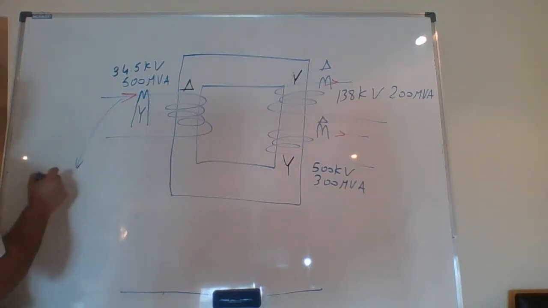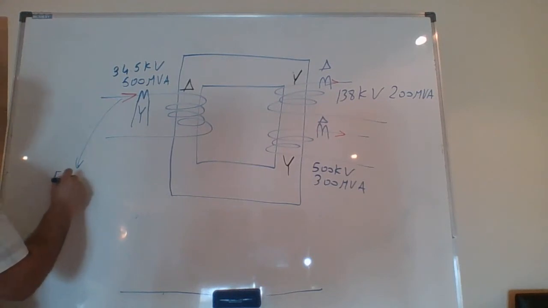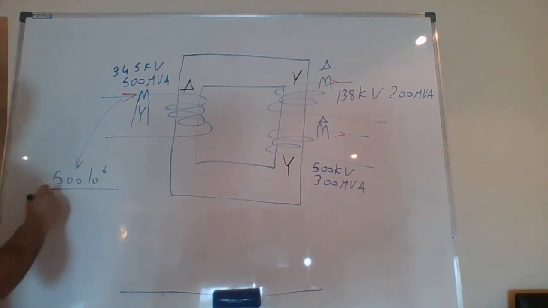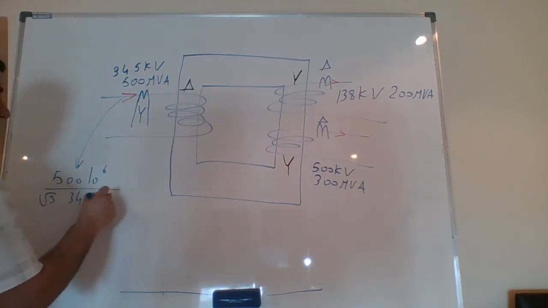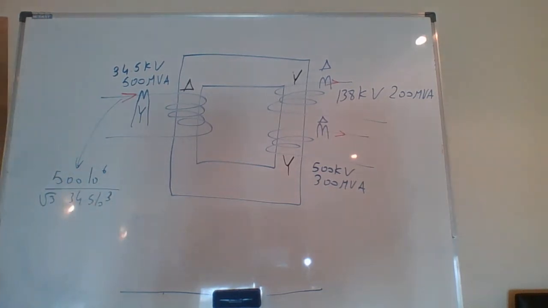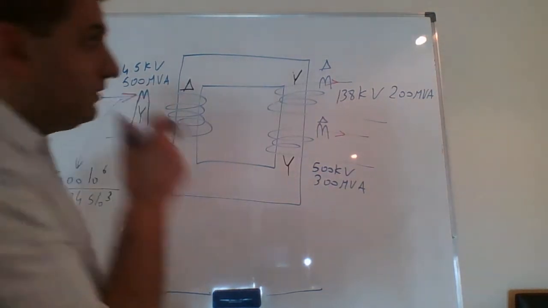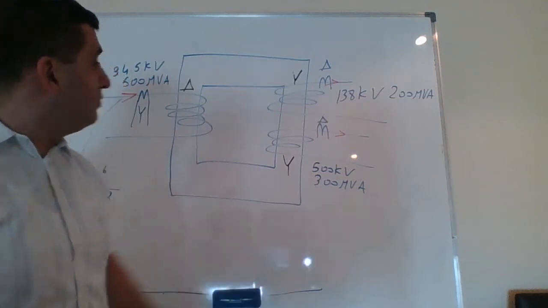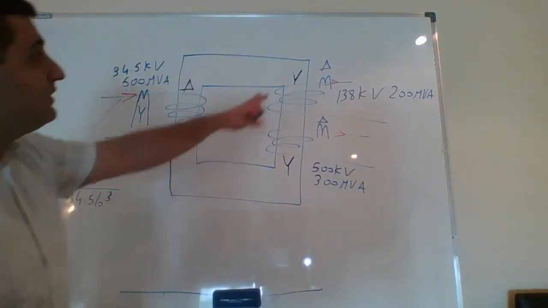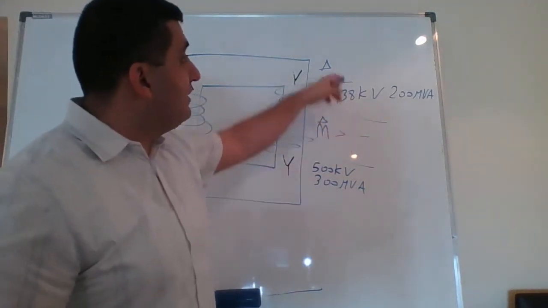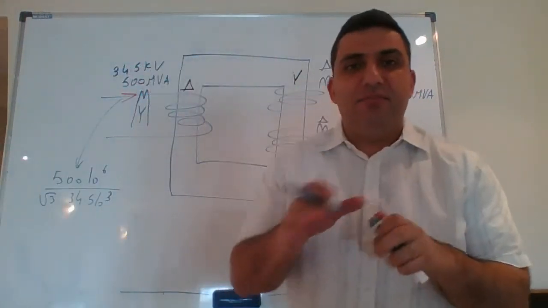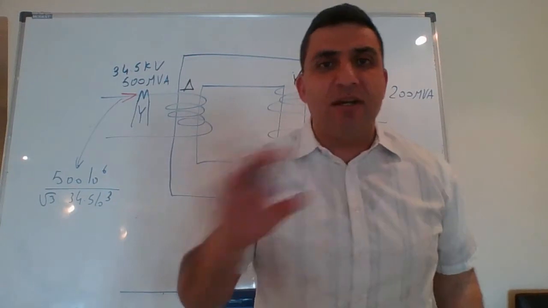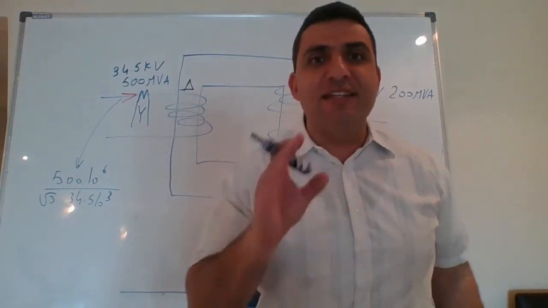This current here will be equal to 500 times 10 to the 6 divided by root 3 times 34.5 times 10 to the 3. I calculate the current here using the 500 MVA. Why? I just want to get the CT ratio, so it doesn't matter for me.